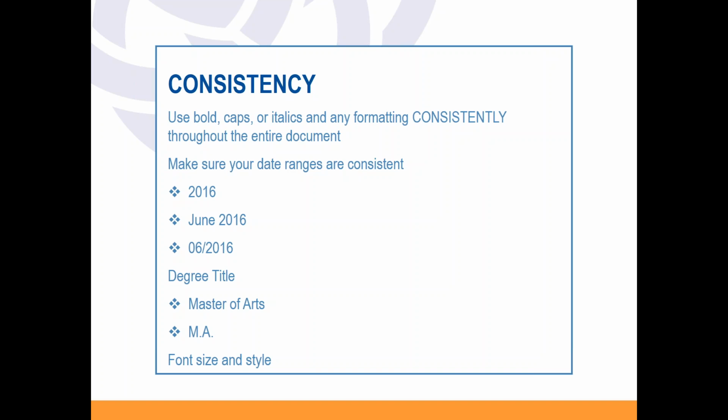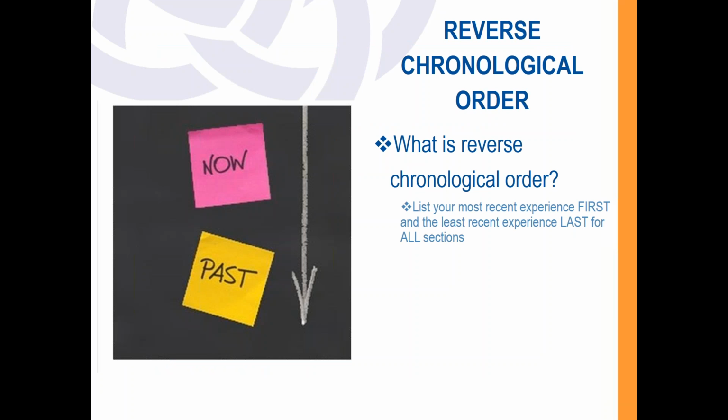If you're going to indicate your education, are you going to spell out the complete name of your degree, or are you going to put the initials? And font size and style should be consistent throughout the document as well. It makes it easier to read.